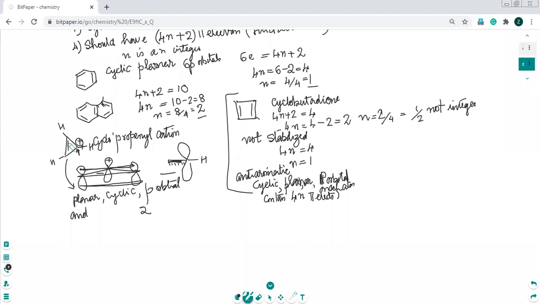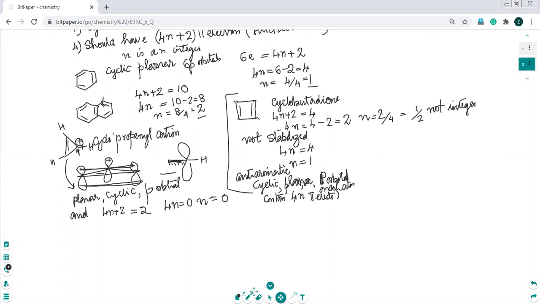See here, 1 double bond, 2 electrons. 2 equals 4n plus 2. Therefore, n equals 0, an integer. So it is aromatic.